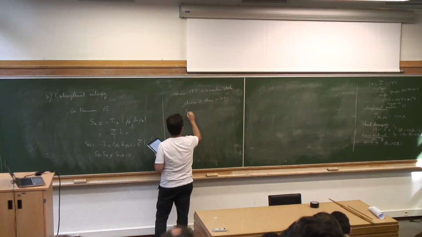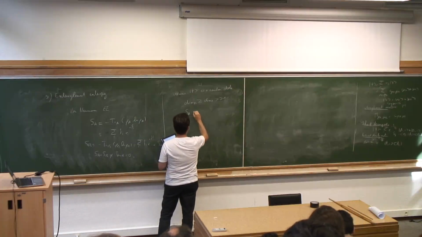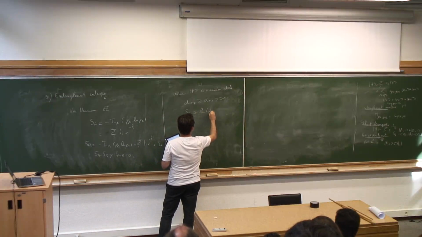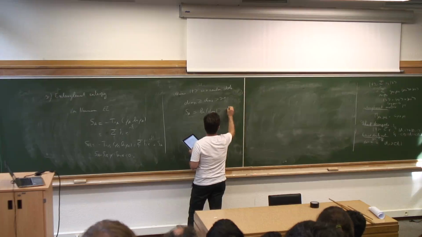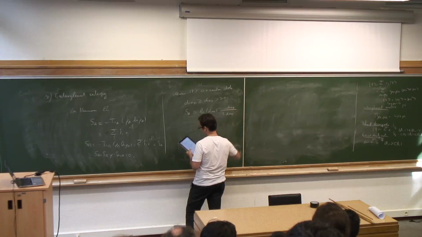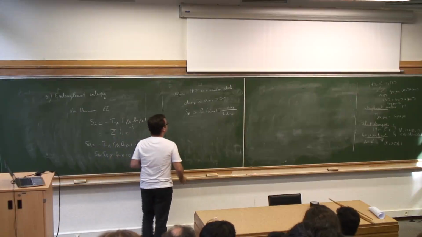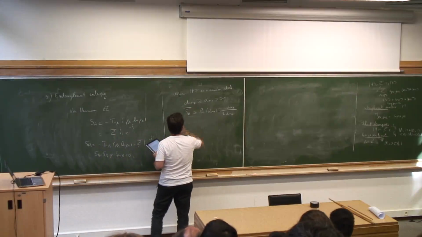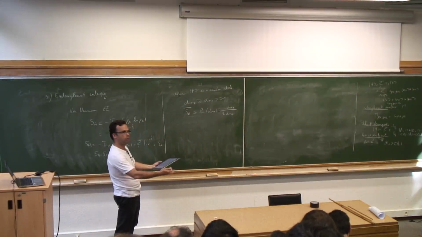So if you have this property, you can show that the entanglement entropy will go like log of the dimension of A, and there's a correction, which is dimension of A divided by 2 times dimension of B. So that's the average entanglement entropy that you will get from your computer.